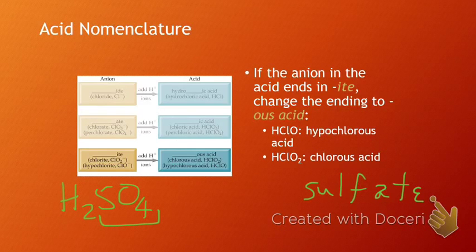Okay? You would say hydrogen sulfate. But we don't, since this is an acid. Instead, what we do is we drop the ATE, and since it's an ATE, it becomes sulfuric acid.